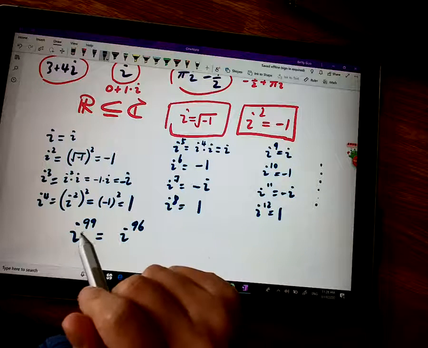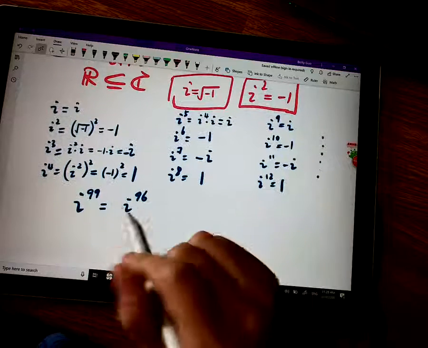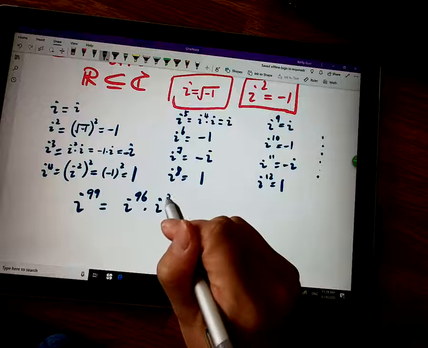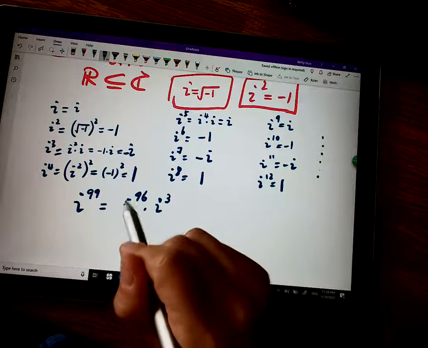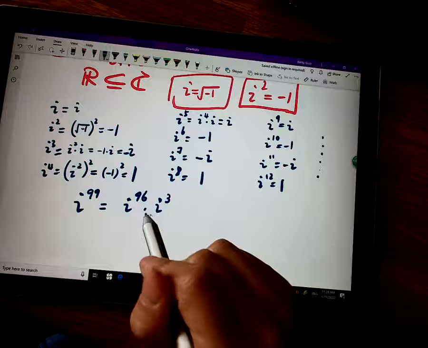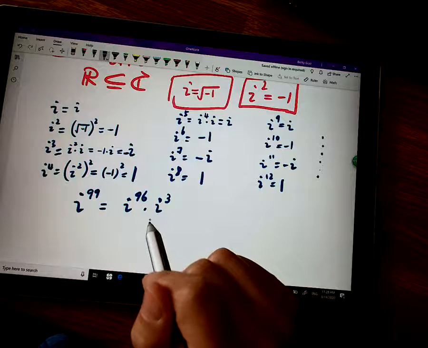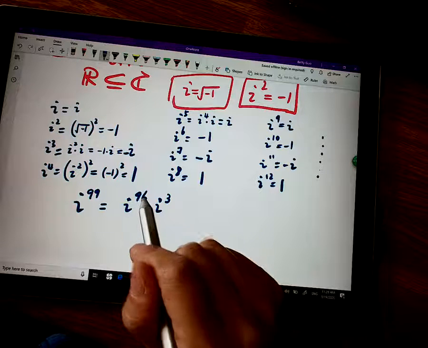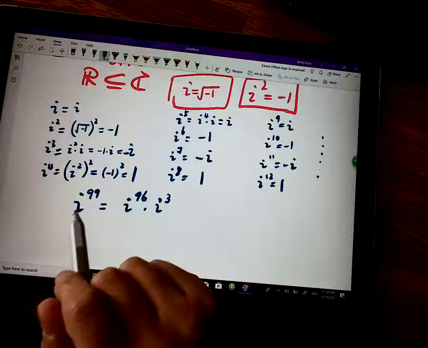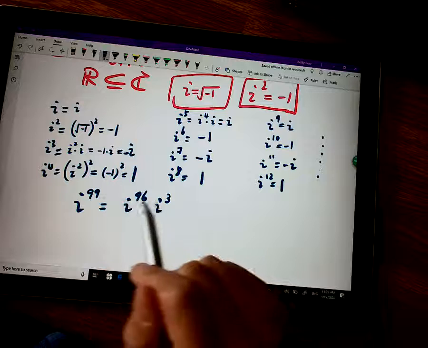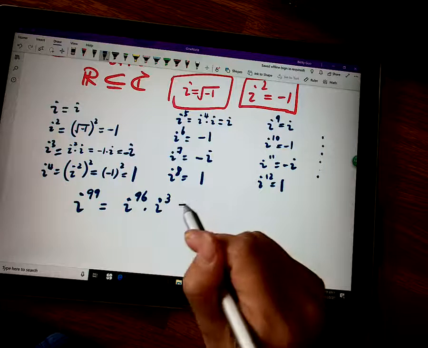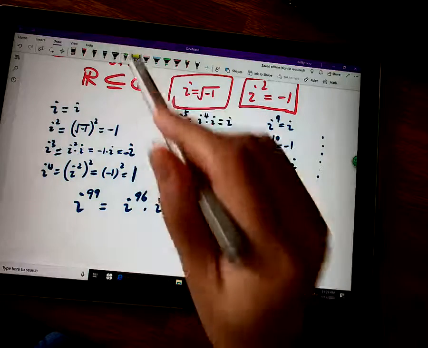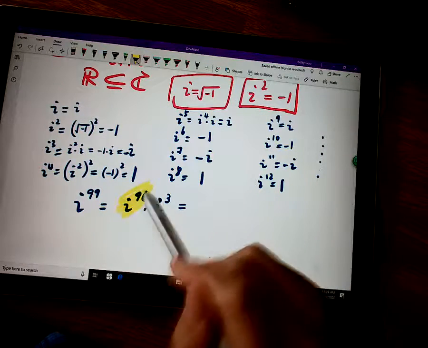So let's write i to the power of 99 as i to the power of 96 times i to the power of 3. That is the product rule, a formula you have learned from Algebra 1, Chapter 5, okay? i to the power of 96 times i to the power of 3 equals i to the power of 99, because 96 plus 3 equals 99.